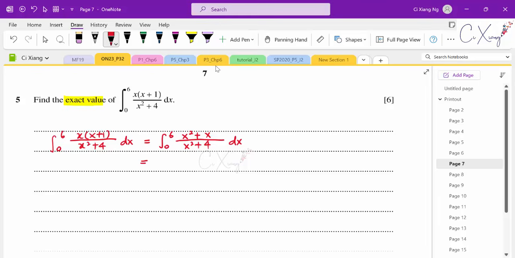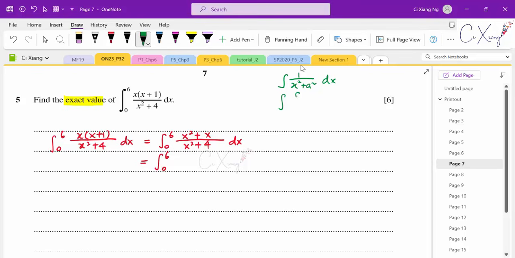Then next, maybe I try to think about all the possible ways for me to integrate the fraction. So far we have learned a few types of basic integration for fractions. As an example, we have learned how to integrate 1 over x squared plus a squared.